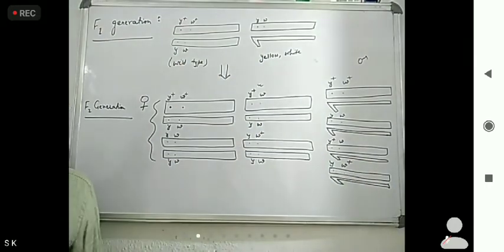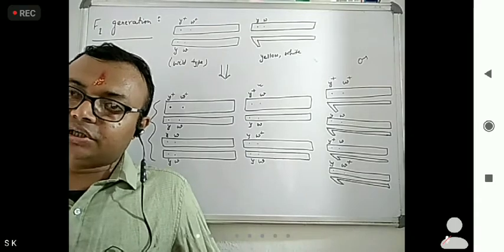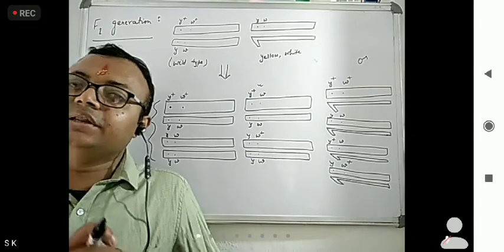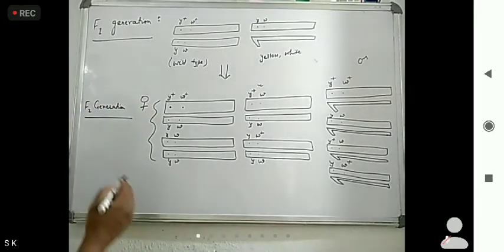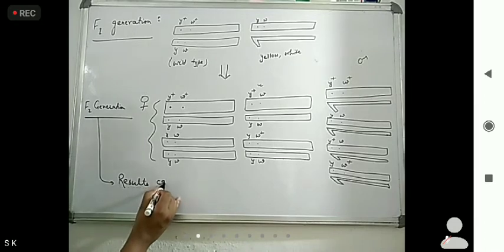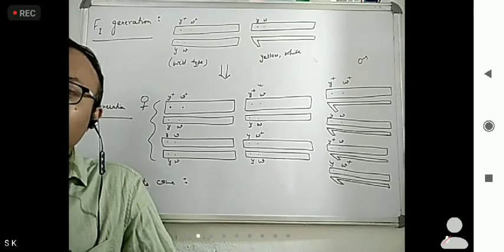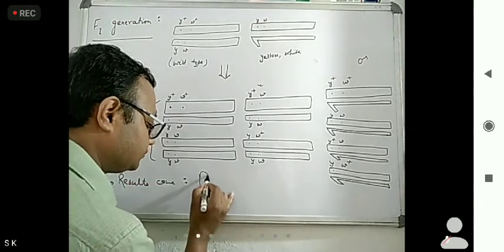Now, in this result, in the F2 generation, in cross A, what did they get? What are the results? Morgan received the parental type.